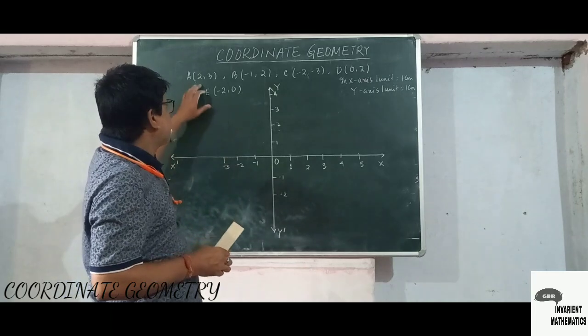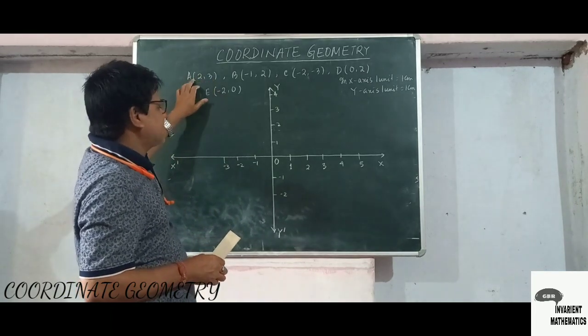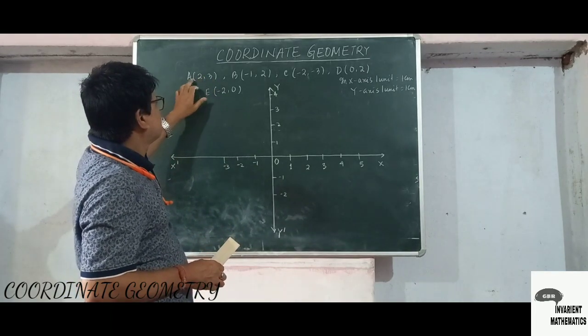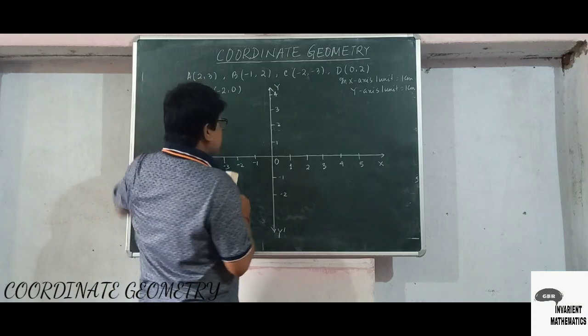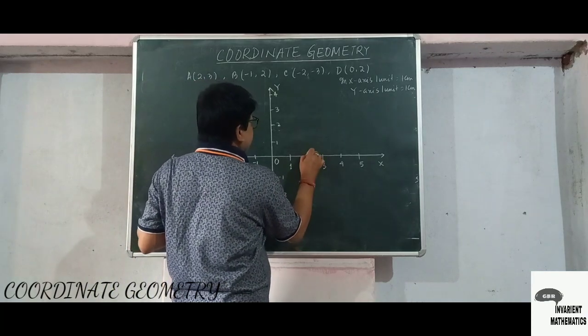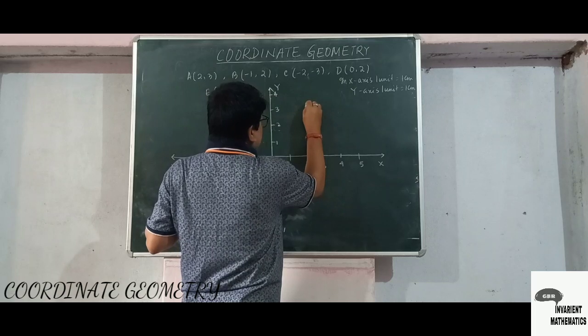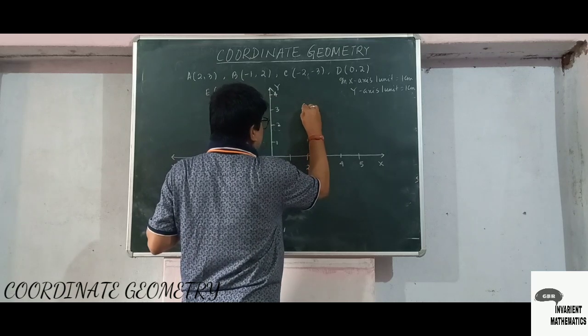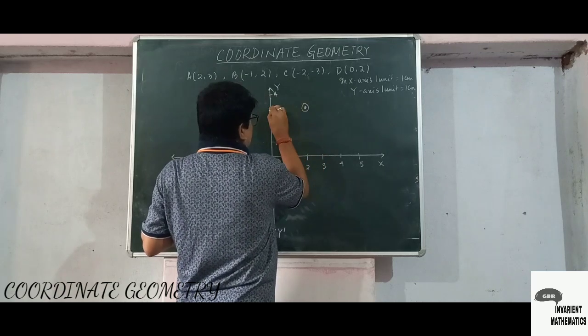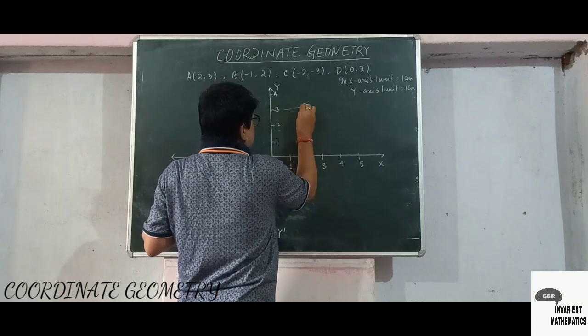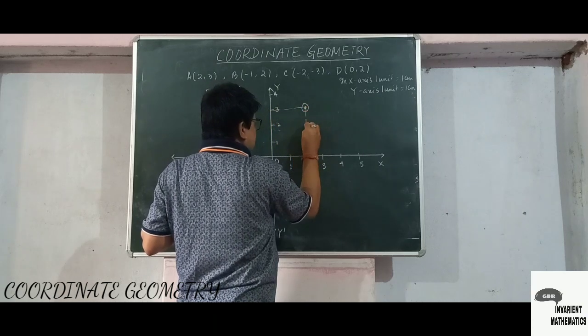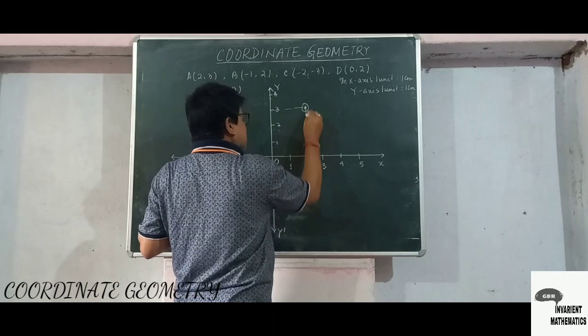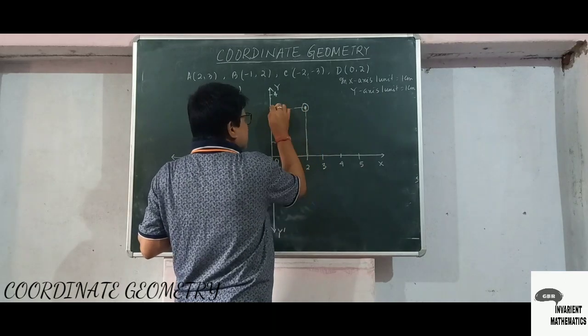So I have to mark A (2, 3). First step, the x coordinate is 2. 2 is here. Then the y coordinate is 3. Here it is. So this one is 3, this one is 2.